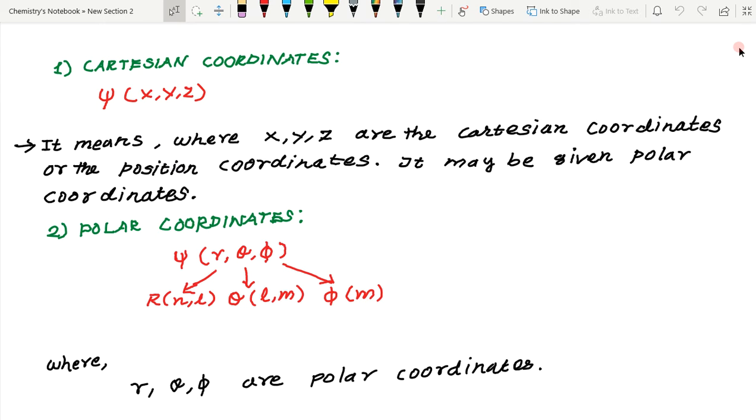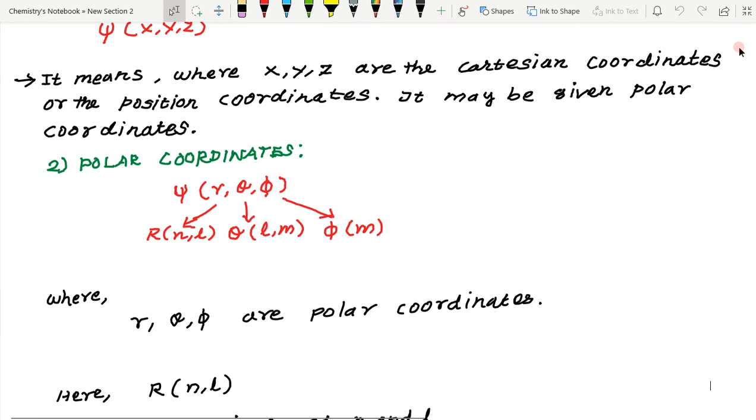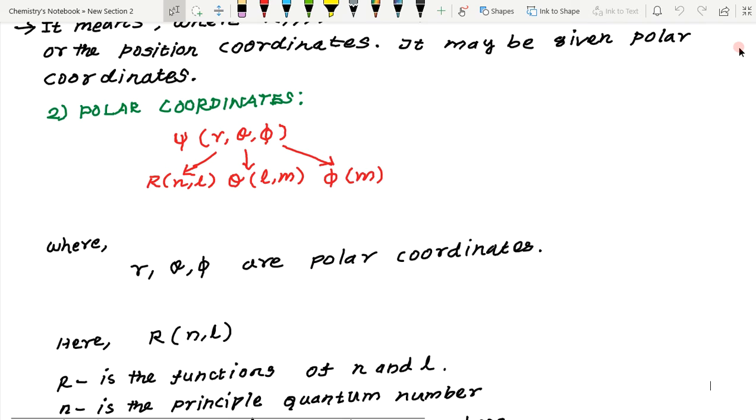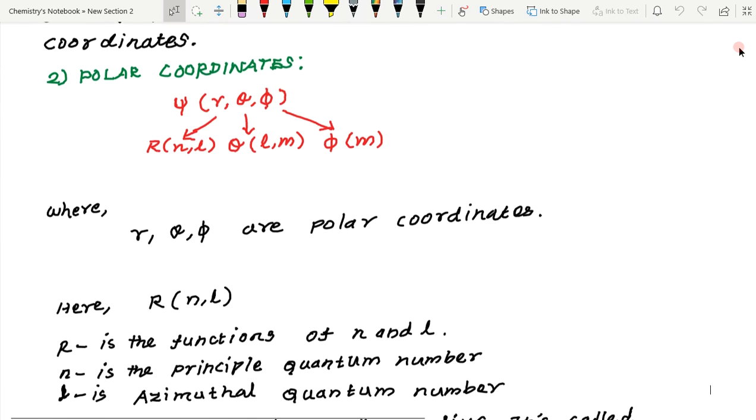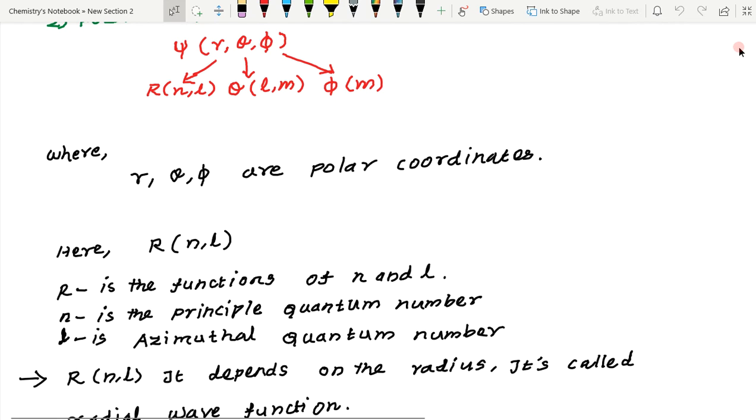It may also be given in polar coordinates: psi of r theta phi, equal to R n l, theta l m, phi m, where r theta phi are polar coordinates.